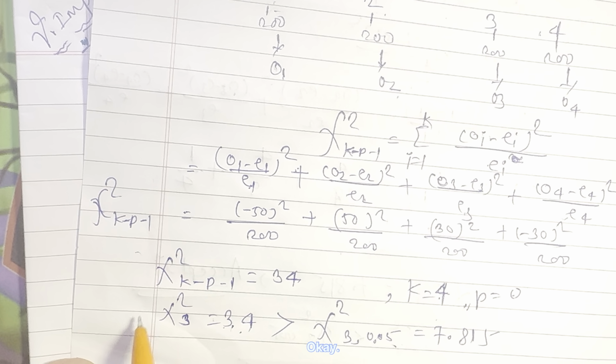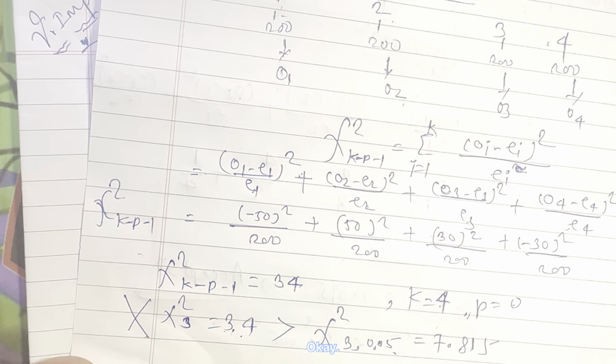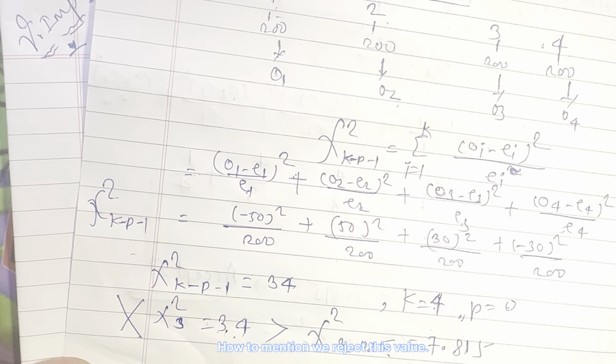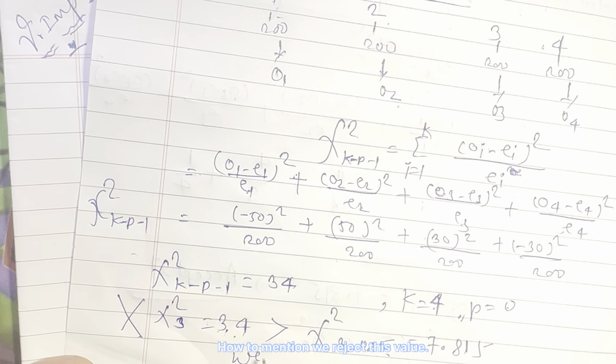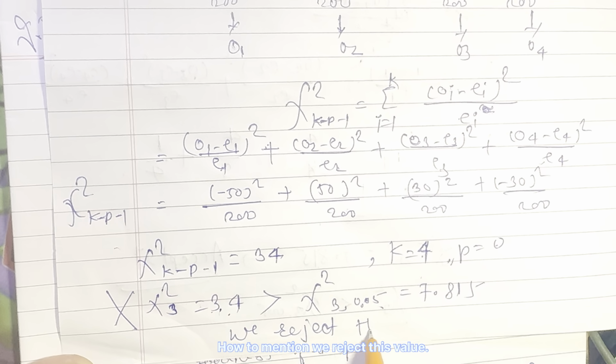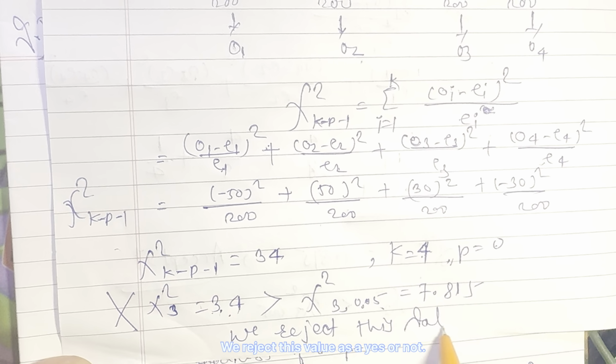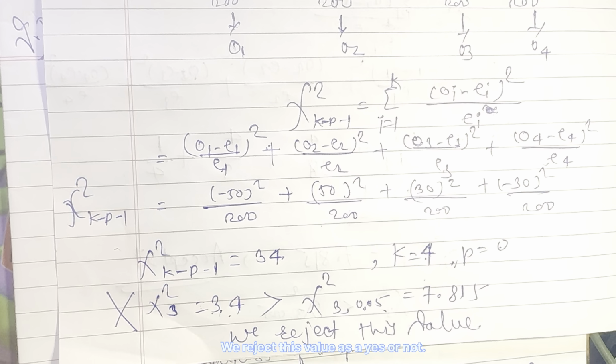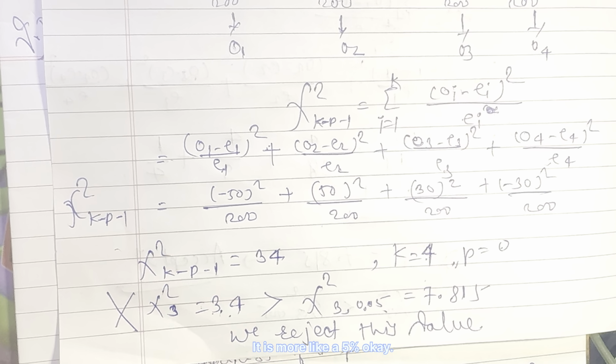So that means we reject this value. You just have to mention we reject H0 at the 5% level.